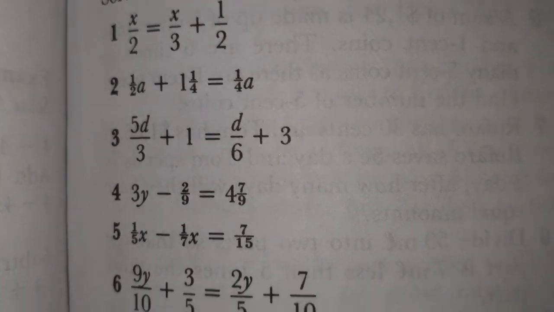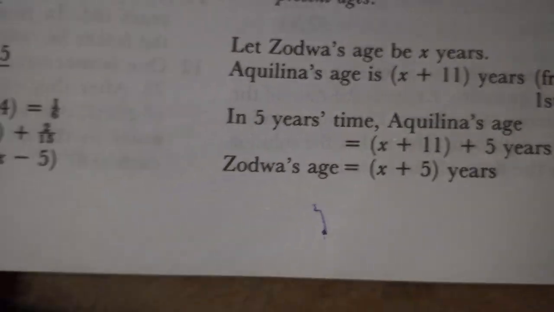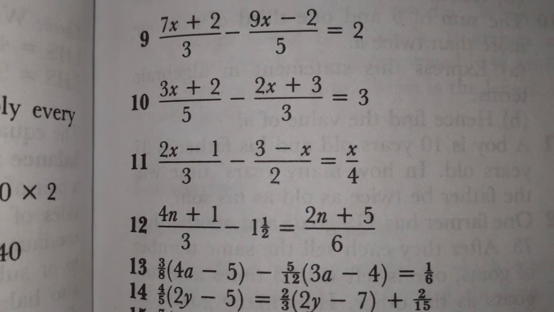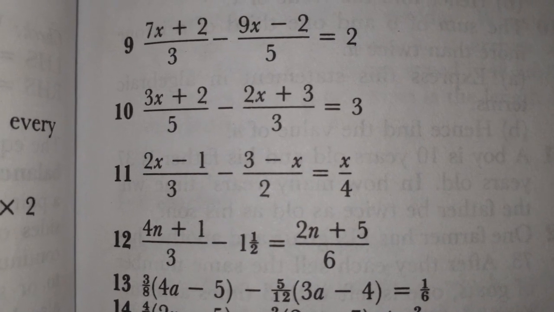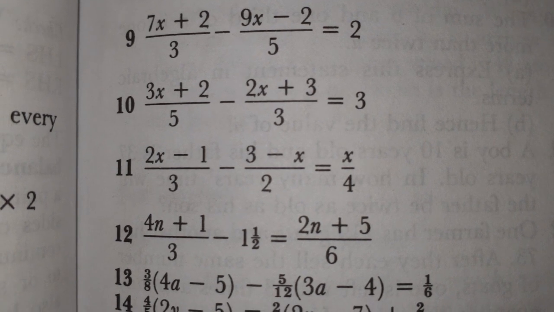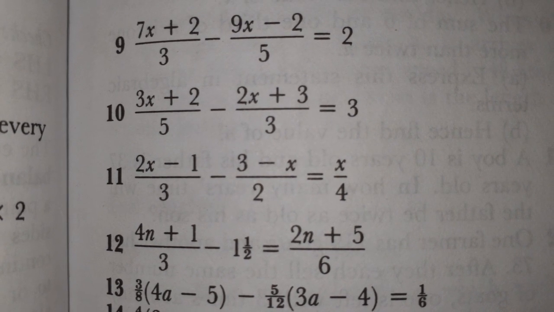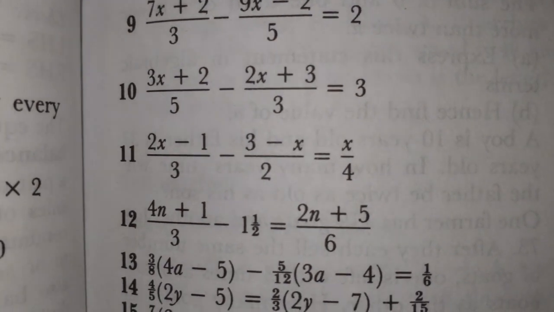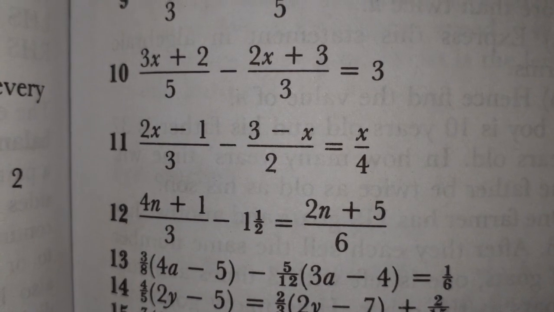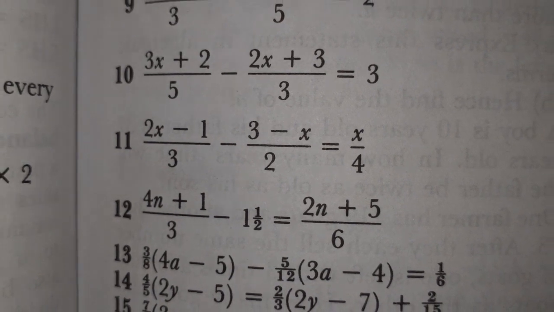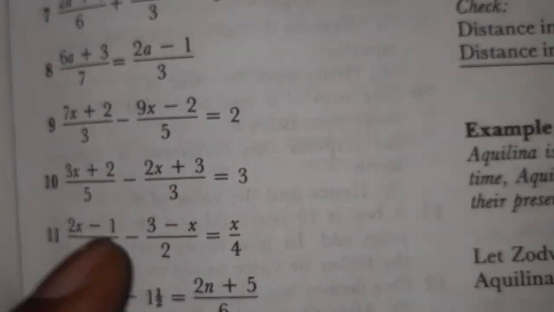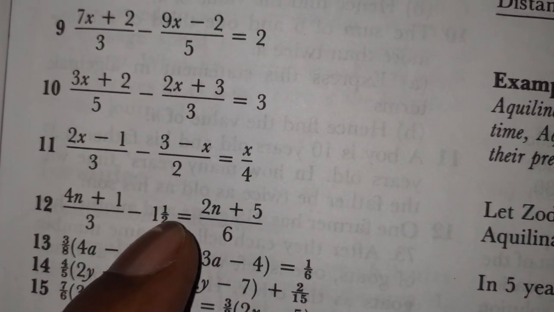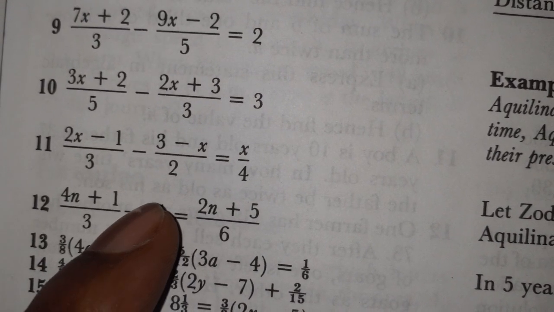Then you come down here, you answer question 12. Answer question 12. Okay. What you just have to do here is to change it into an improper fraction, first of all.